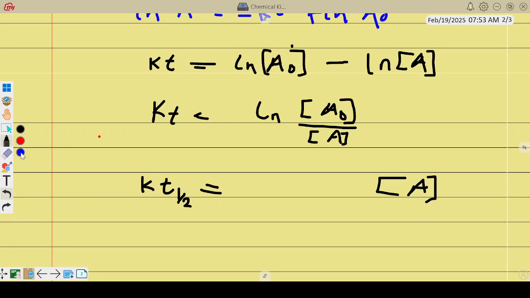So this is the final concentration, but the half-life simply means that we are going to have the initial concentration A naught over 2. Even in the second order reaction and the zero order reaction, where there is this A, we'll be substituting with A naught over 2.